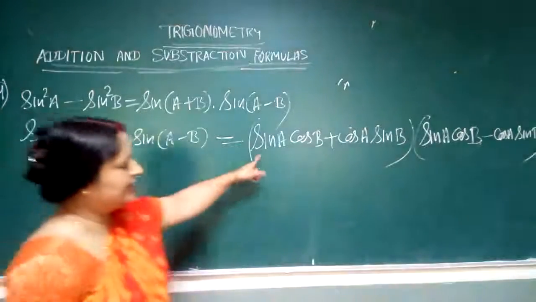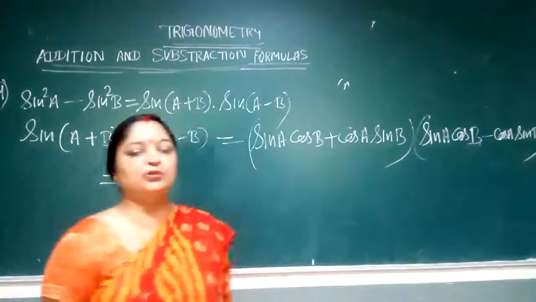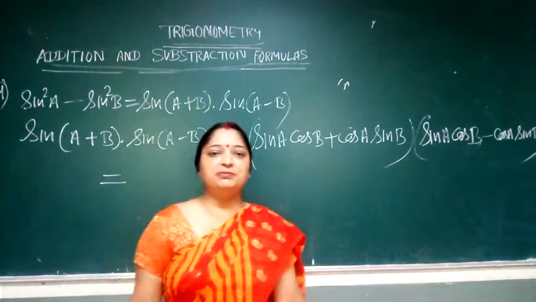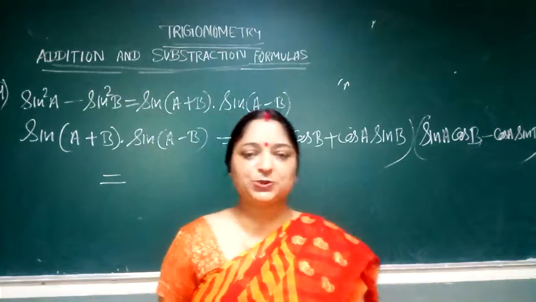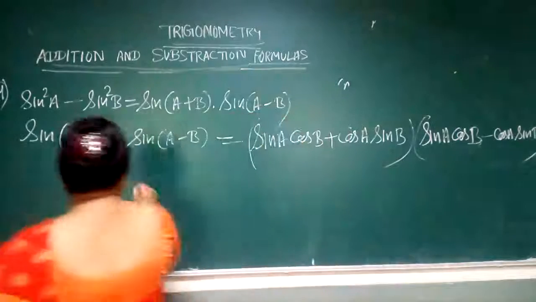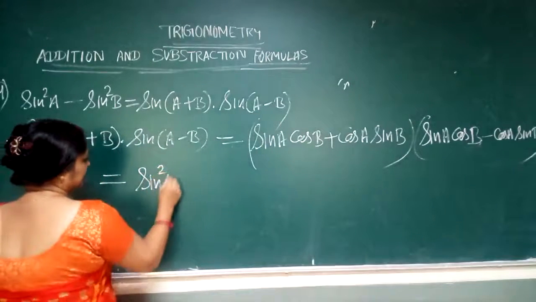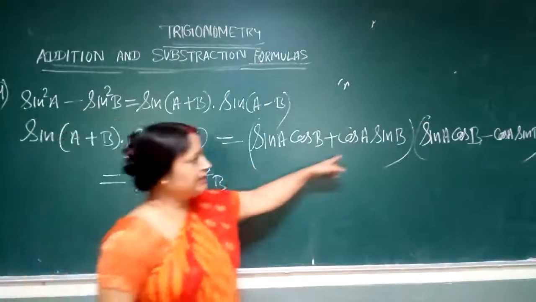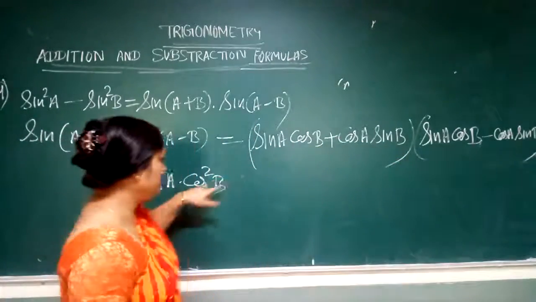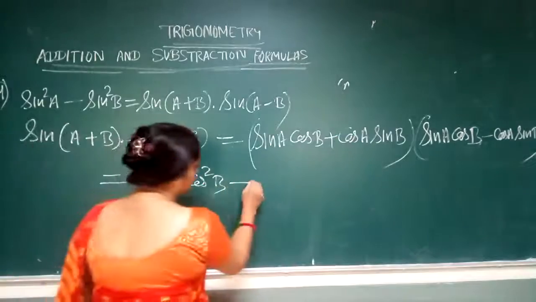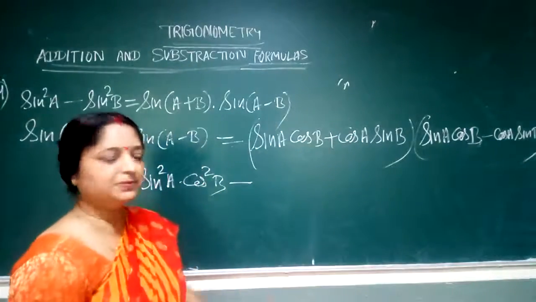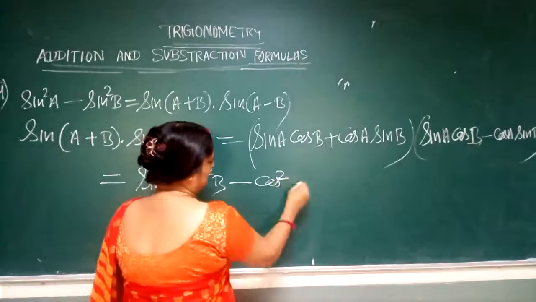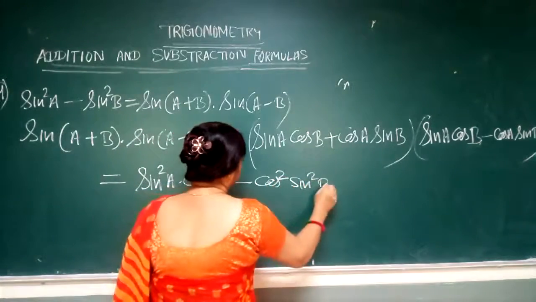It is the formula a plus b into a minus b, which is a square minus b square. So we apply here sin square a into cos square b, because a square is coming here. Now b square, with the formula a plus b into a minus b, so minus will come here: cos square a into sin square b.